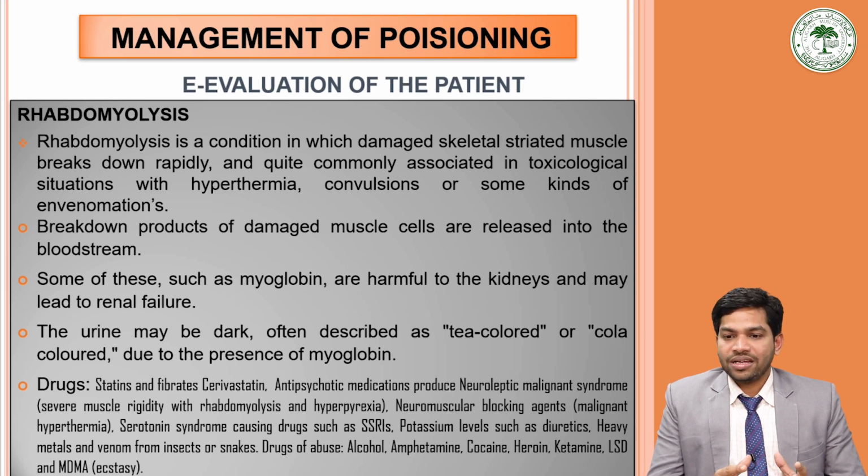Poisons linked to rhabdomyolysis are the heavy metals and venoms from insects or snakes. Drugs of abuse like alcohol, amphetamines, cocaine, heroin, ketamine, lysergic acid diethylamide, and MDMA, that is ecstasy, can all be responsible for rhabdomyolysis.